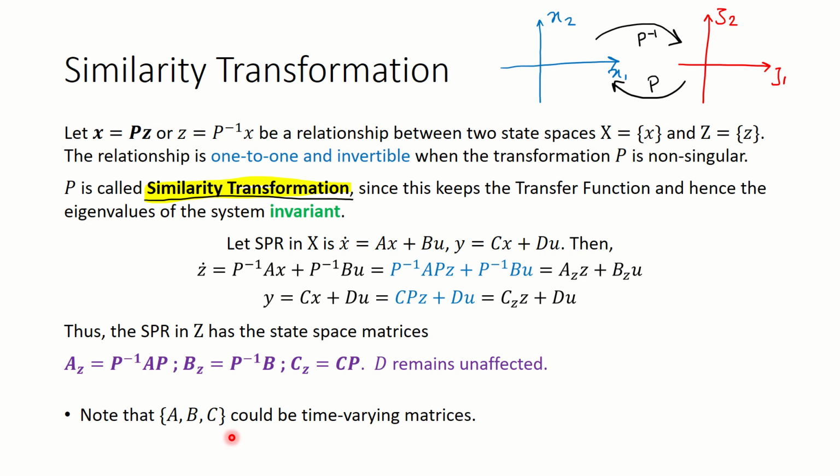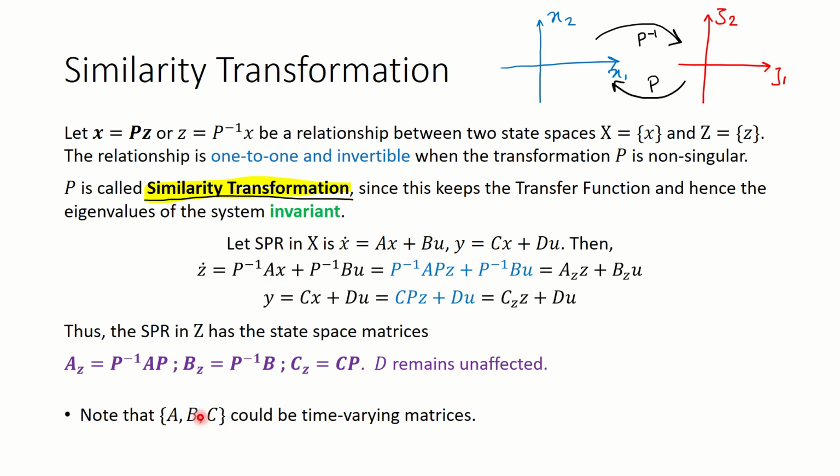Note that A, B, C could be time varying matrices, because you see we did not consider any property of A, B, C being time invariant. Well, I guess this is not so true, because if you had to do X dot, then if A is time variant, there would be some problem here.